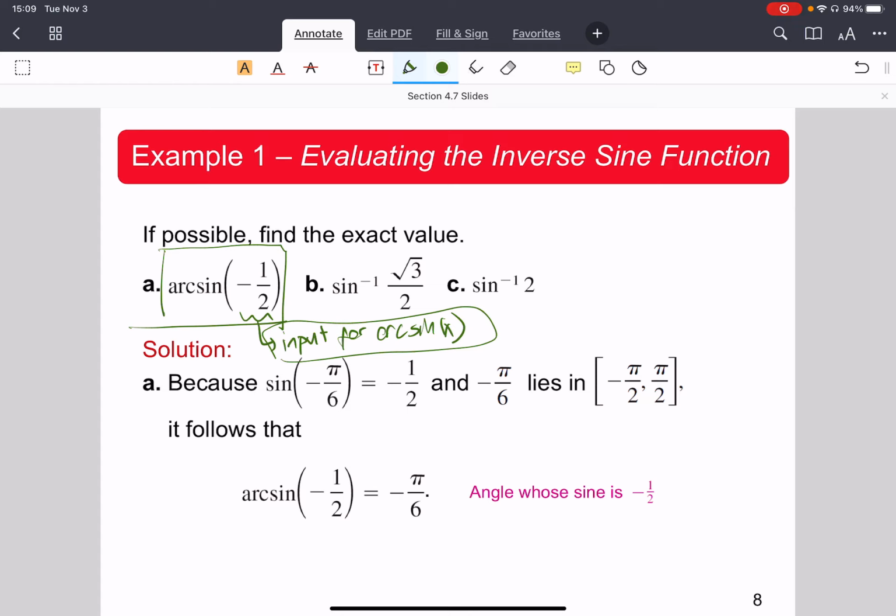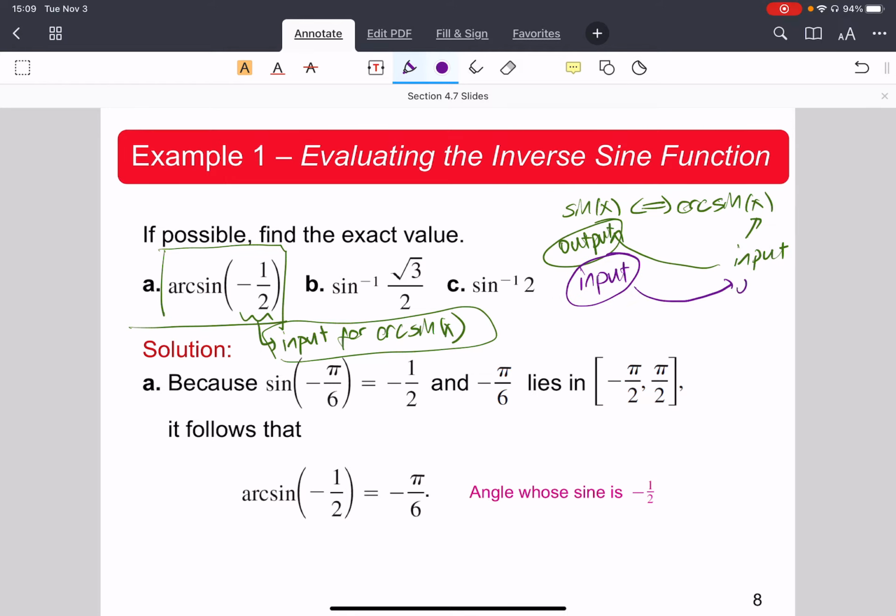Because I know that the sine function and arc sine function are inverses, the input for this must be the output for this one. And similarly, the input for the sine function must be the output for my arc sine function.